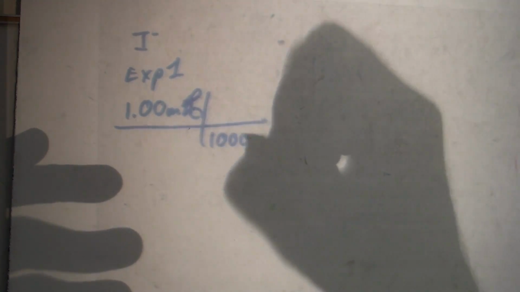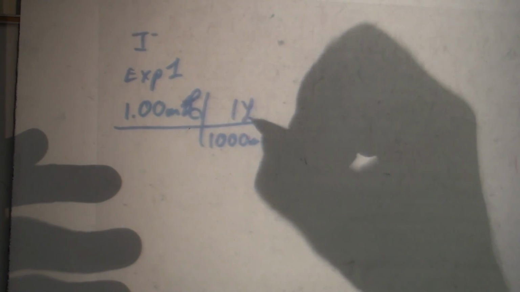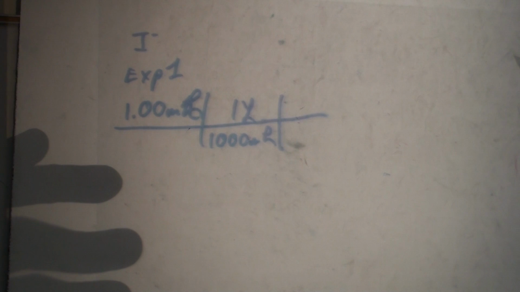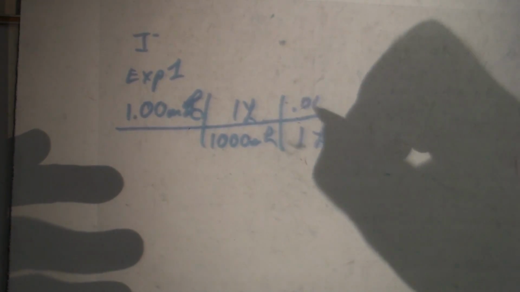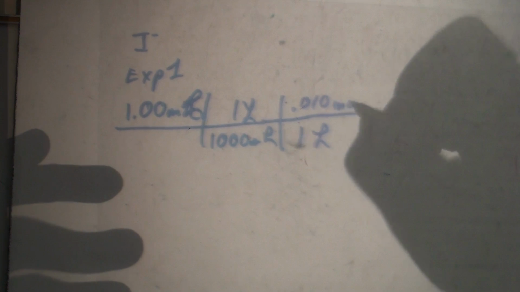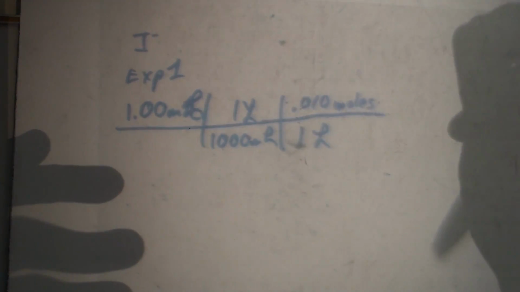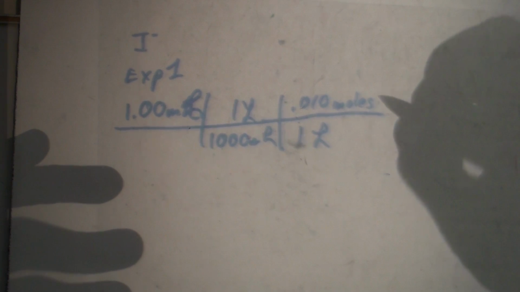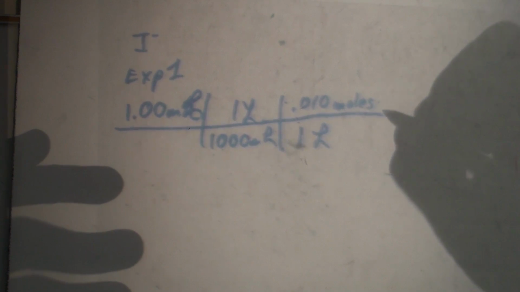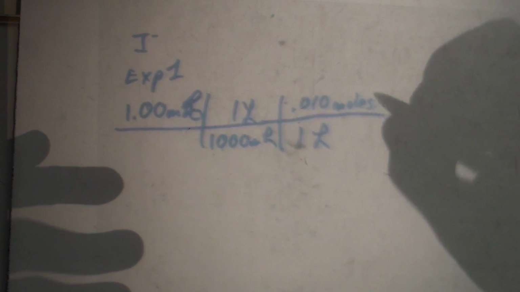Convert it to liters. The molarity was in 1 liter, 0.010 moles of, what was it? Iodine, right?